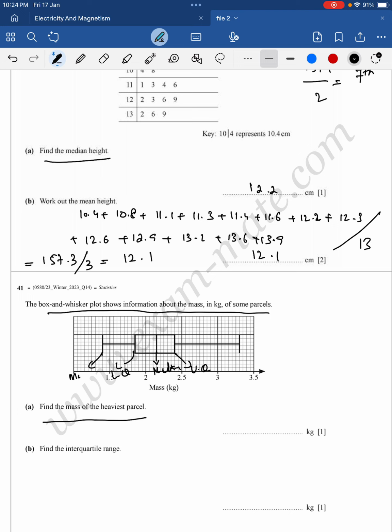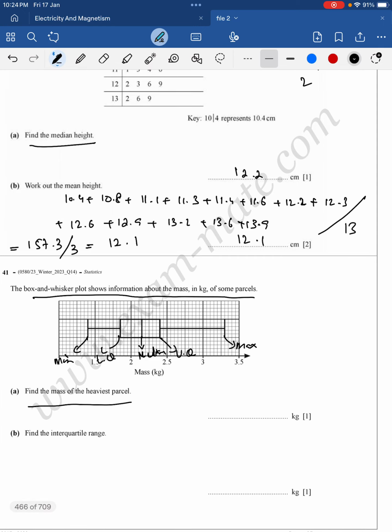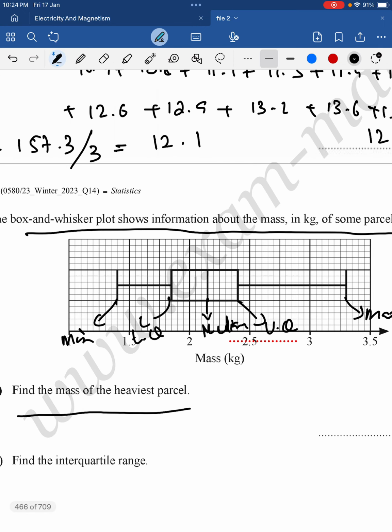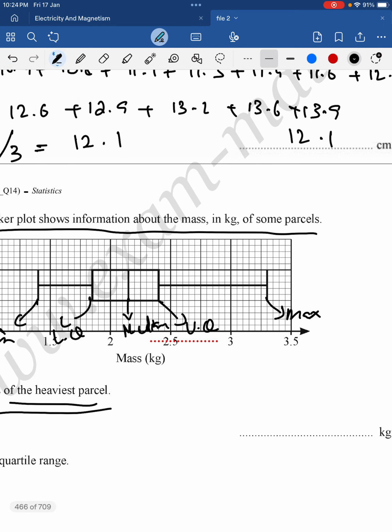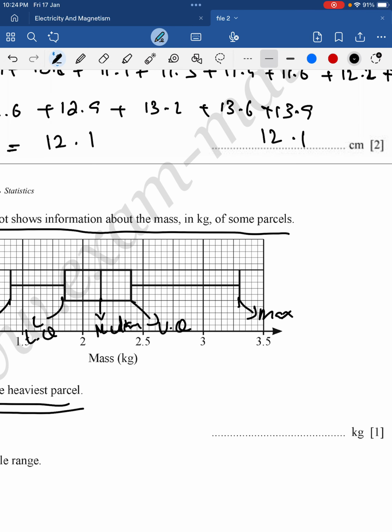This is the minimum value, and this is the maximum value. So over here, the mass of the heaviest parcel will be the maximum value, which is between 3 to 3.5. 3 to 3.5 means this will be 3.1, this will be 3.2, this will be 3.3, right?